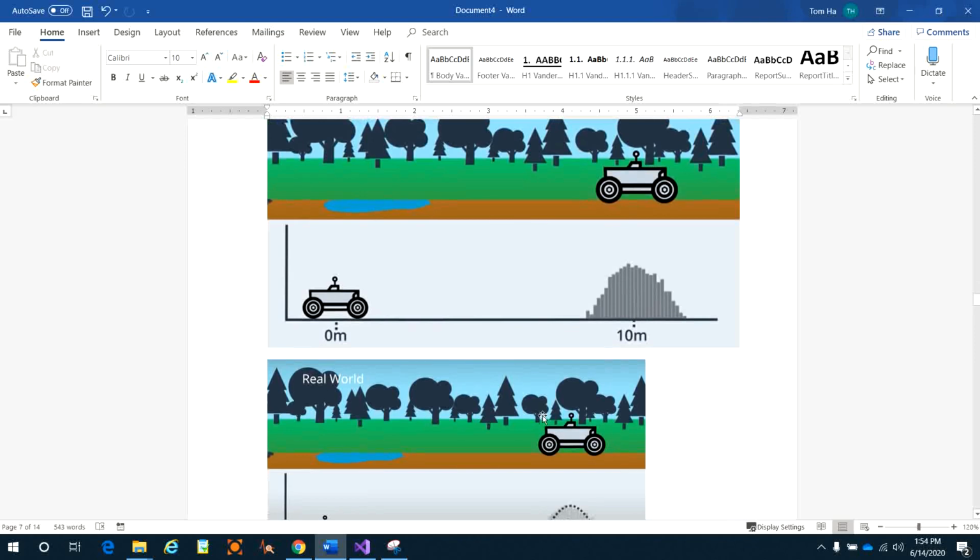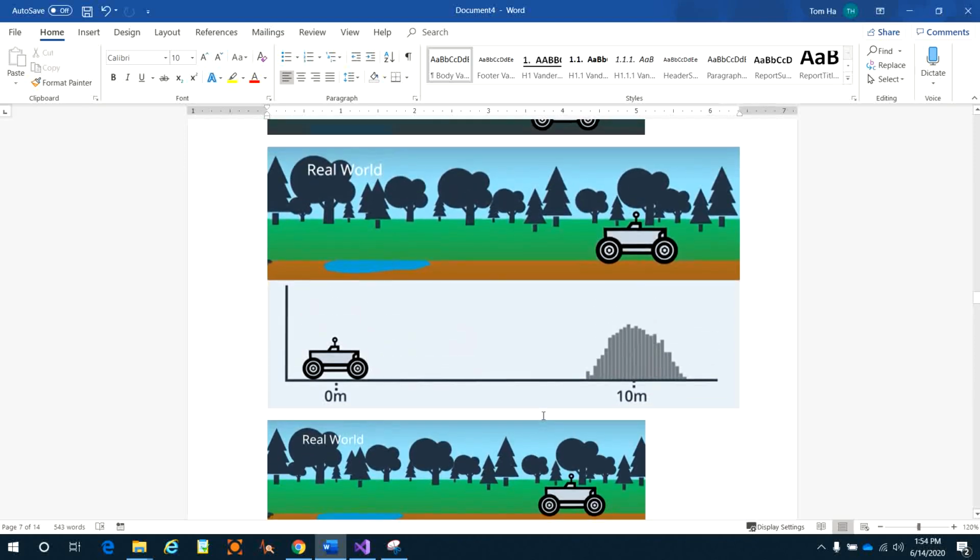So we can iterate this test 100 times. What do you think? It gives you the bell curve right here. People call it the Gaussian, right? That's the Gaussian.